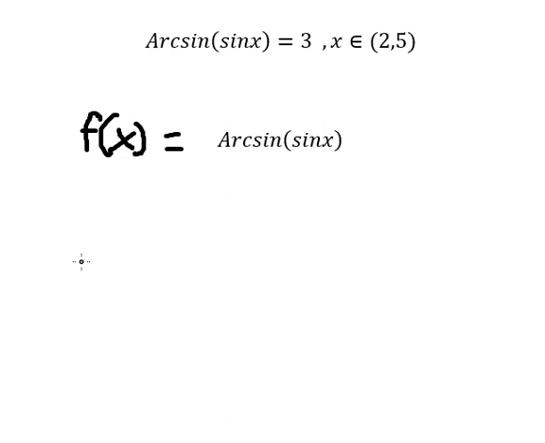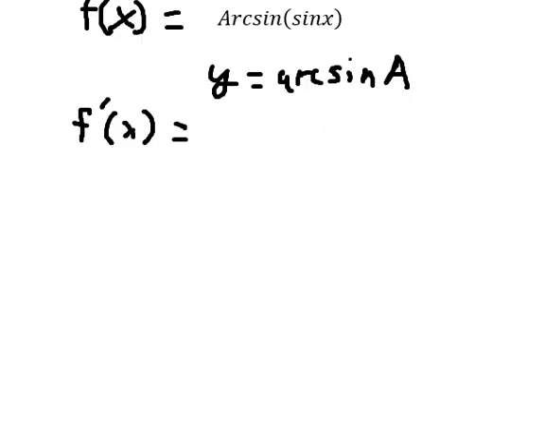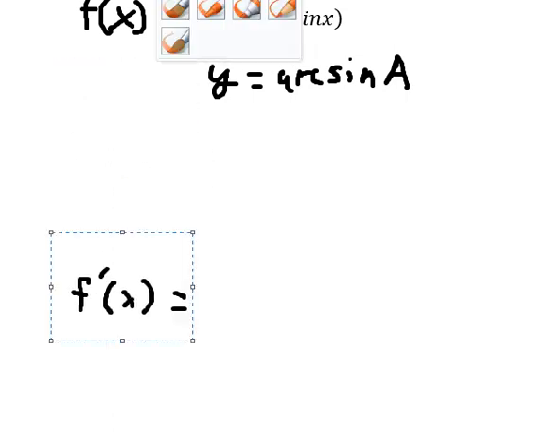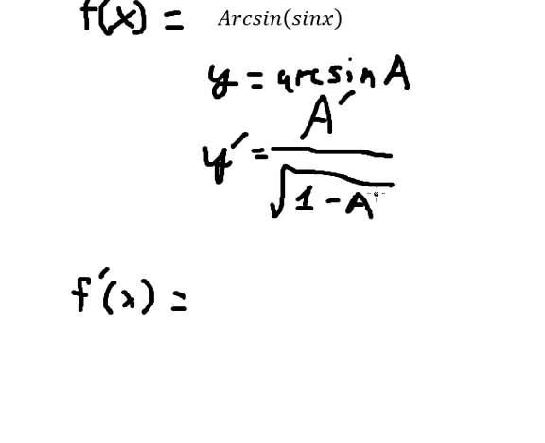Later, we need to first take the derivative of the function. So we know that when we take the derivative of arcsin of x, we will have the derivative of x over the square root of 1 minus x squared.